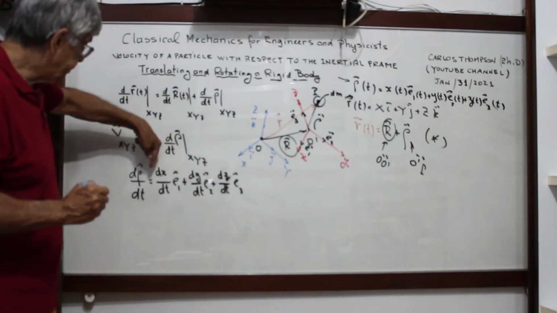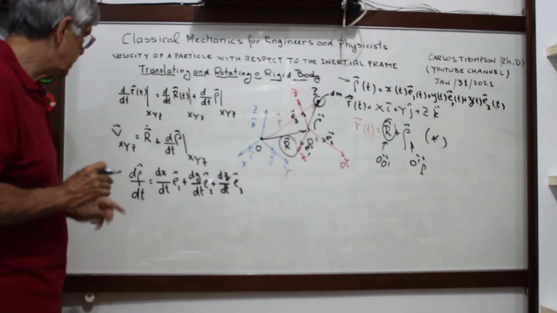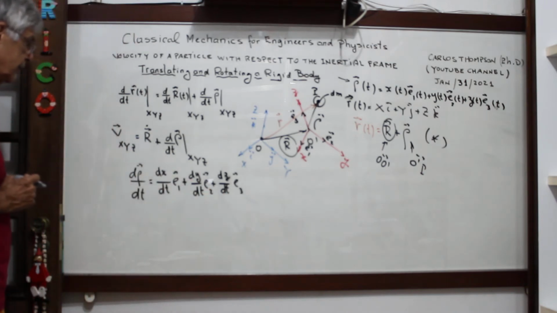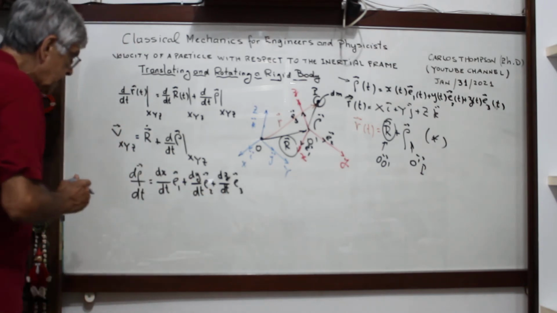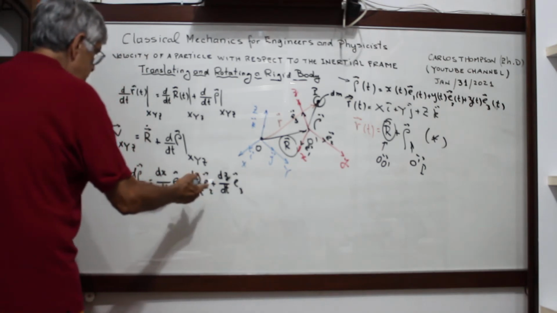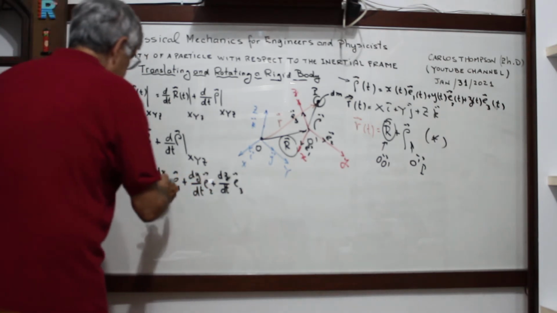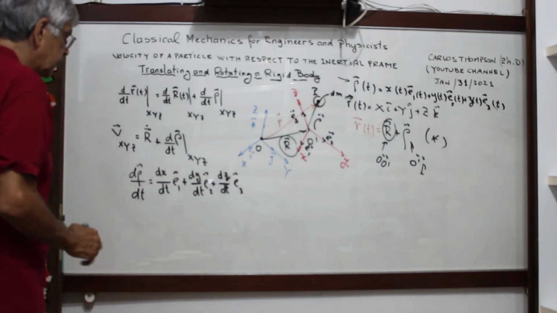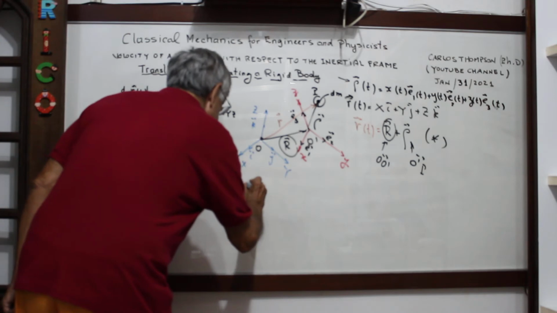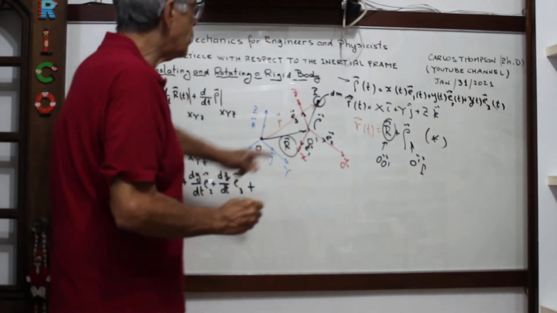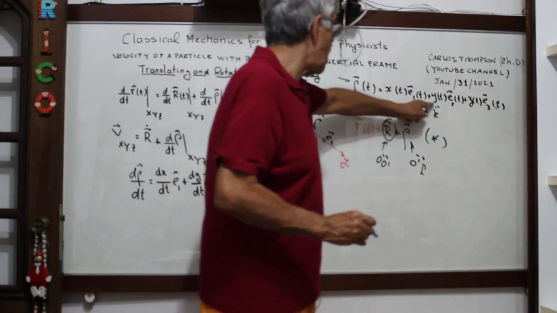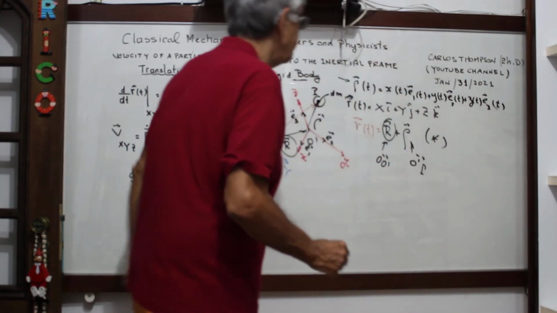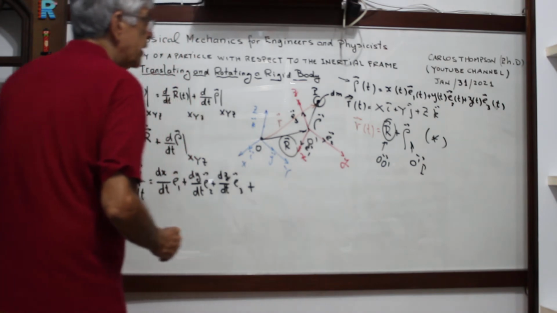Look how interesting this is, because this over here assumes that E1, E2, and E3 are constant. And I could write here the vector derivative of the coordinates. Now, let's continue. Now I'll keep x, y, and z fixed and take the derivative of the unit basis.